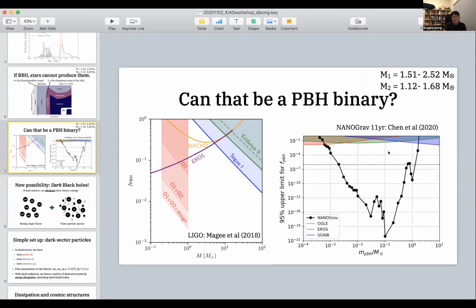Also, for primordial black holes, I think this graph is telling us that we cannot have so many primordial black holes in the universe. This nanohertz gravitational wave constraint shows that if you do have those primordial black holes, then we expect to see some stochastic gravitational waves that we didn't see. So there are some challenges for primordial black holes in that particular mass range.